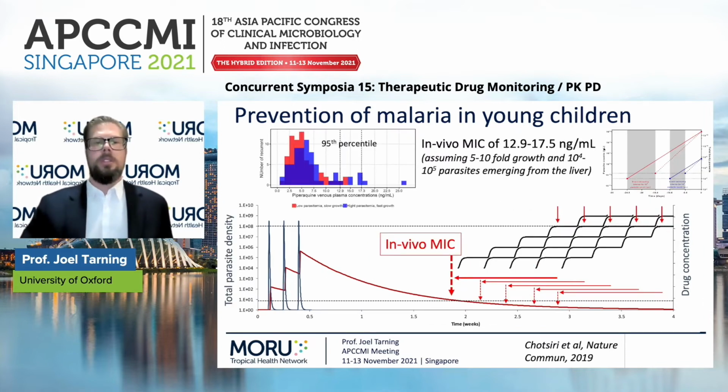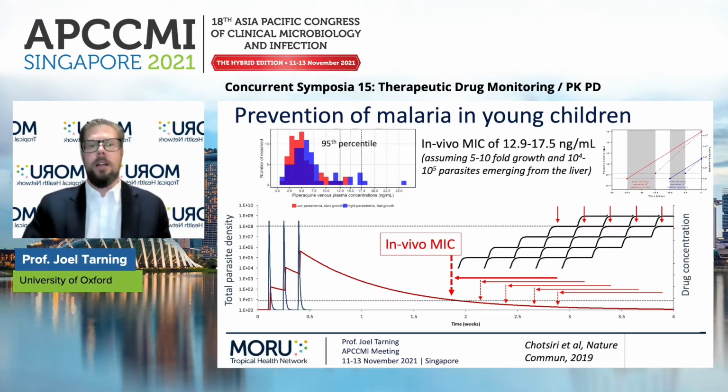So we try to use this lag time to evaluate and estimate the in vivo MIC value of piperaquine. So we collected the recrudescence or the reinfection data from these patients. And this was recorded around these time points. And then we assumed a 5 to 10-fold growth of parasites, and that 10 to the 4, 10 to the 5 parasites would have emerged from the liver at the start of the blood stage.